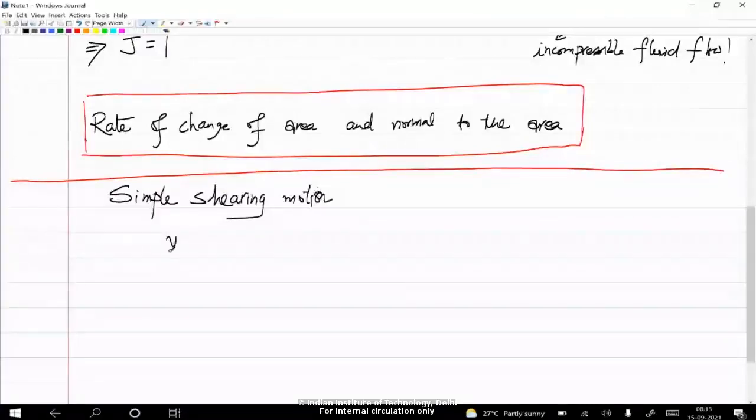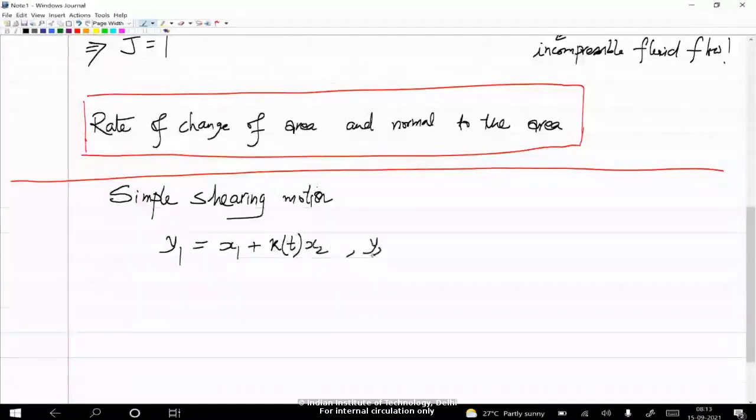So according to this, y1 is equal to x1 plus some k of t. So k is changing with time into x2. Then y2 is equal to x2 and y3 is equal to x3.